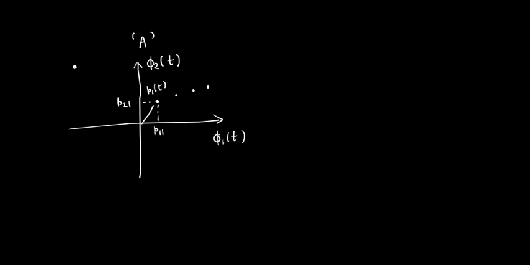This is called the geometrical representation of your waveforms, yes or no? P1 t is P11 phi 1 t plus P21 phi 2 t, yes or no? Similarly, you can represent your P2 t like this, P3 like this, and P4 like this.